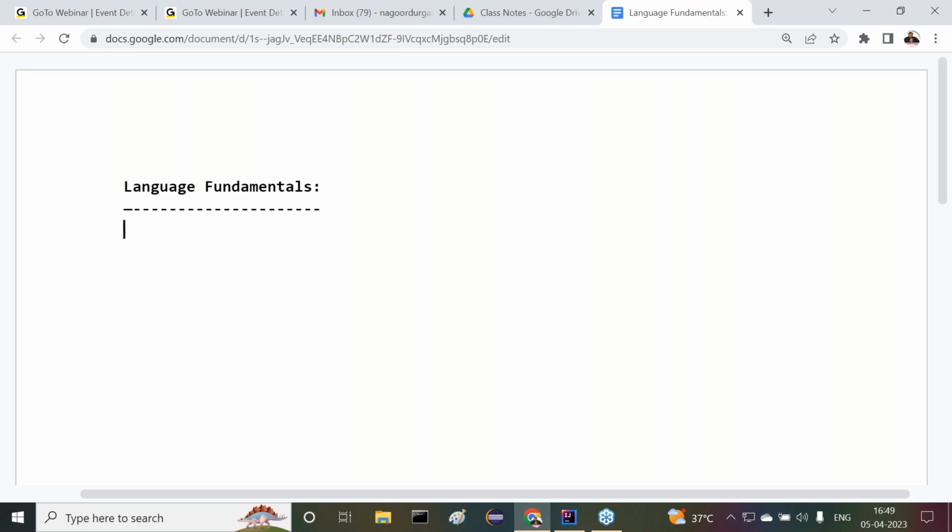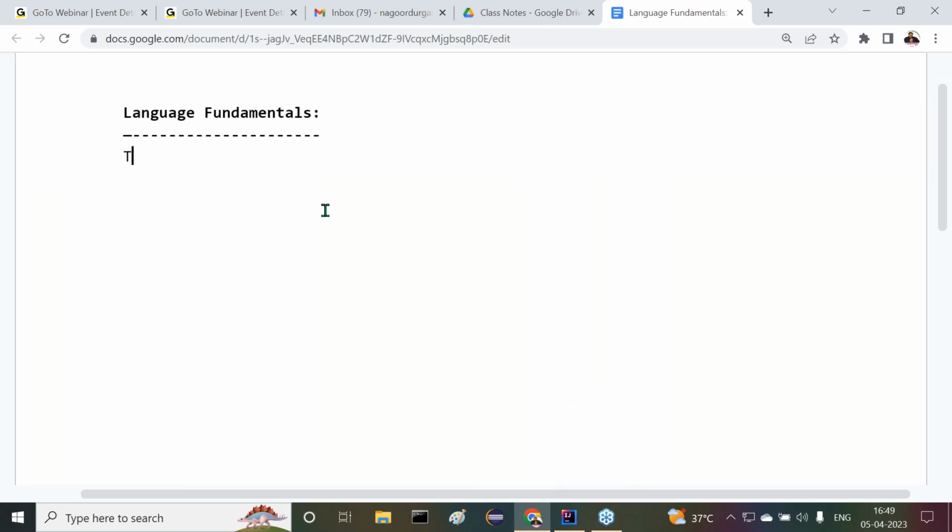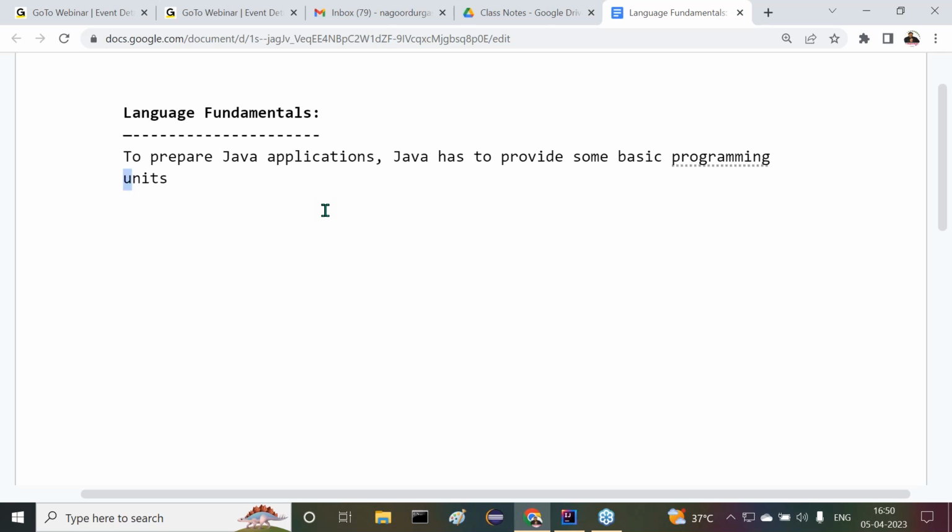Are all of you getting my point or not? So try to understand clearly what I am telling now. Observe carefully. To prepare Java applications, Java has to provide some basic units, some basic programming units, basic programming elements which are not created by the developers explicitly.